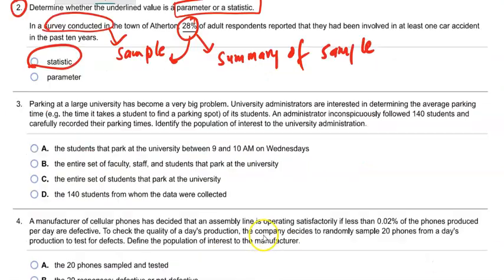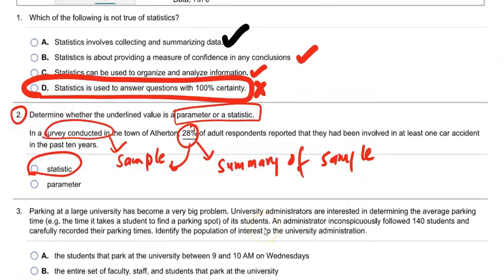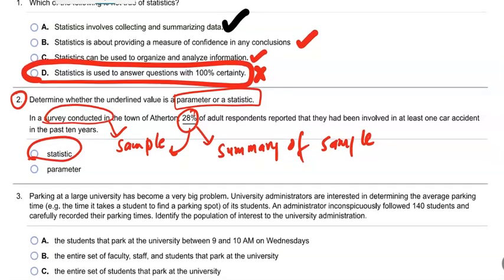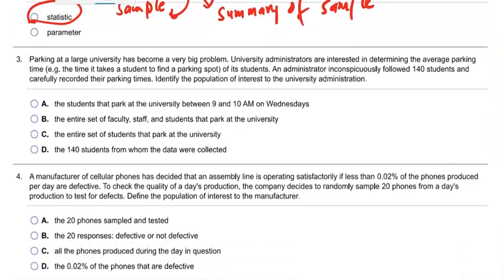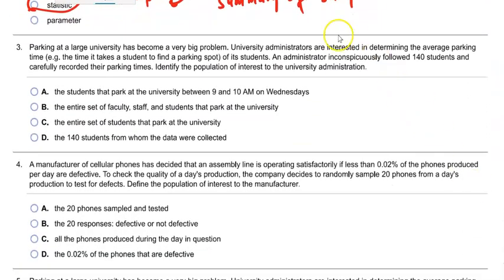Question number three. Parking at a large university is a very big problem. University administrators are interested in determining the average parking time, the time it takes students to find a parking spot.